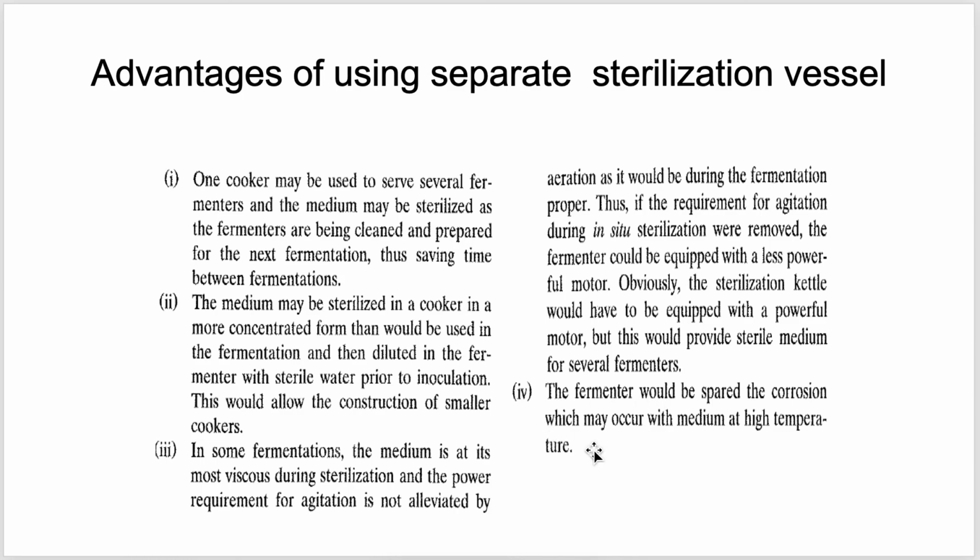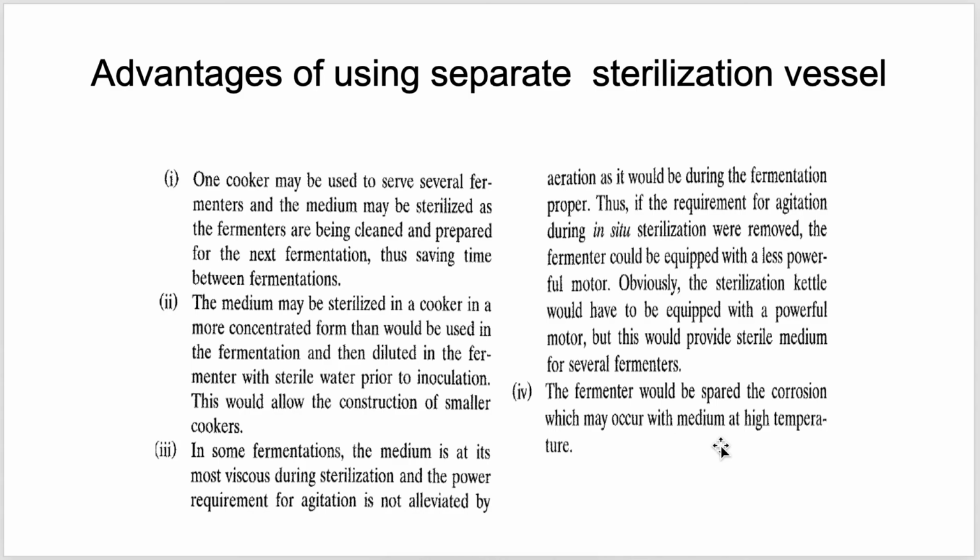And finally, as we are doing the sterilization in a separate vessel, we can spare the fermenter from corrosion. If the temperature is high, there is more chance of corrosion. If we have to do the sterilization in situ, the temperature inside will be very high, and it may facilitate corrosion.